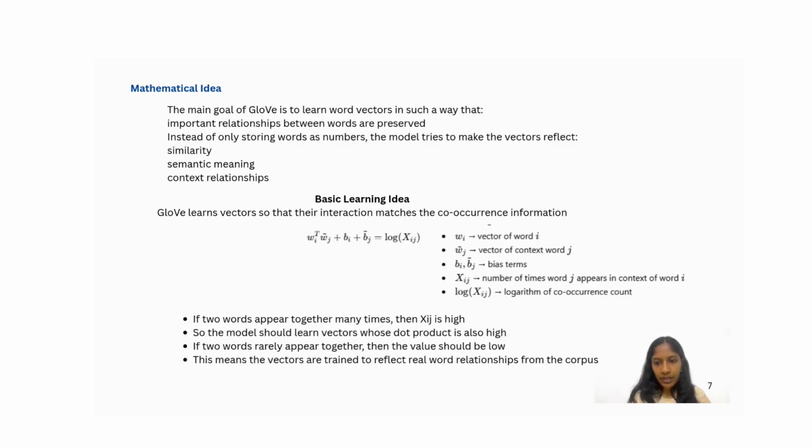Some word pairs appear extremely often while others appear very rarely. Taking the logarithm reduces this variation and makes learning more stable. So essentially, GloVe converts statistical information into a geometric form. Words are represented as vectors in space, and relationships between words are captured through distances and directions. This is powerful because language is no longer just text, it becomes something we can analyze mathematically using vector operations.